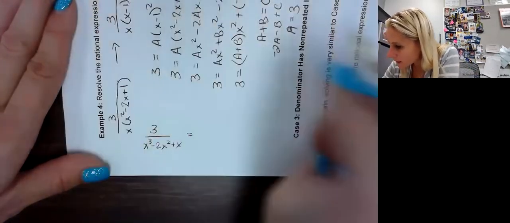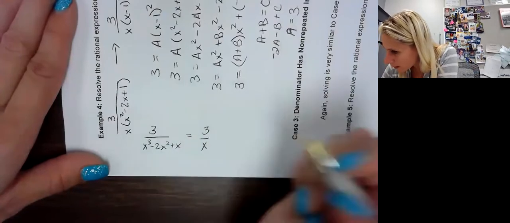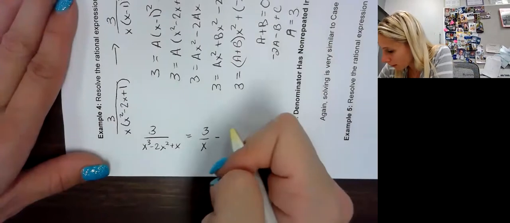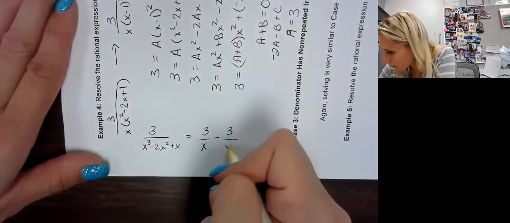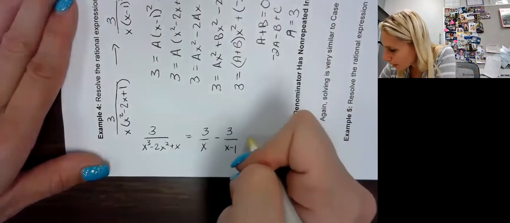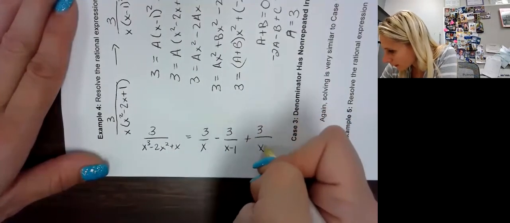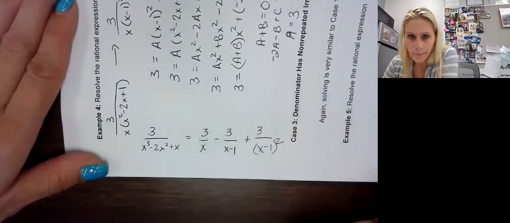We got a is over x, so 3 over x. We can say minus since it's a negative 3. That's our b over the x minus 1. And then our c over the x minus 1 squared. Yay!